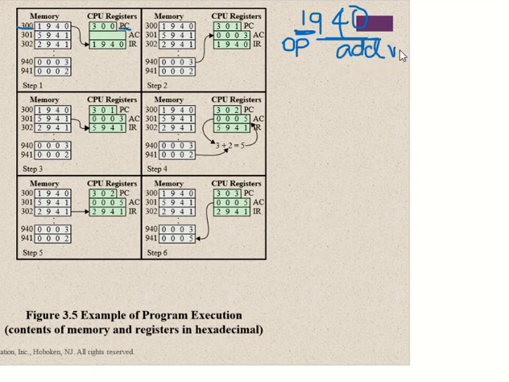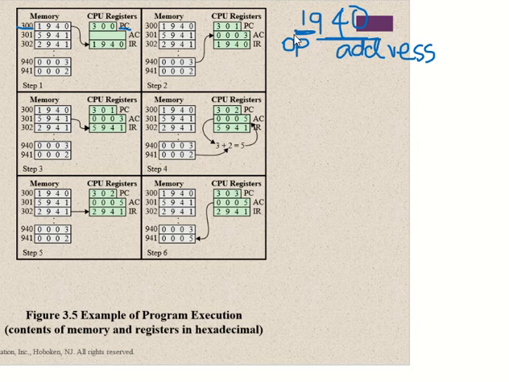Let me write clearly for the first example. Later on you will understand. In the previous slide I mentioned 1 means load AC from memory, 2 means store AC, 5 means add to AC. So 1 means load AC: you need to load something to AC from memory.